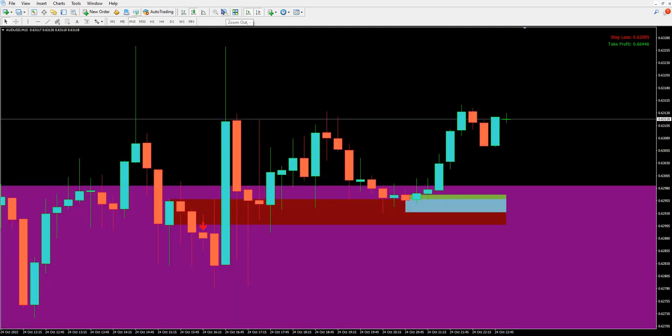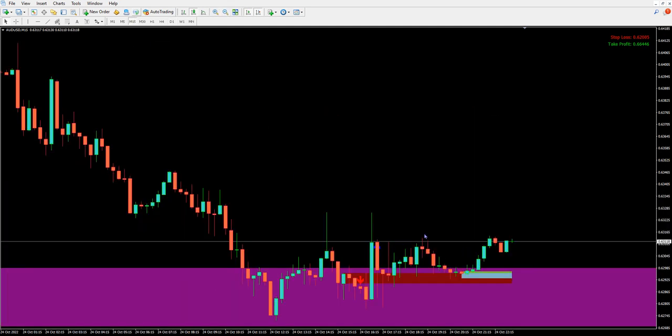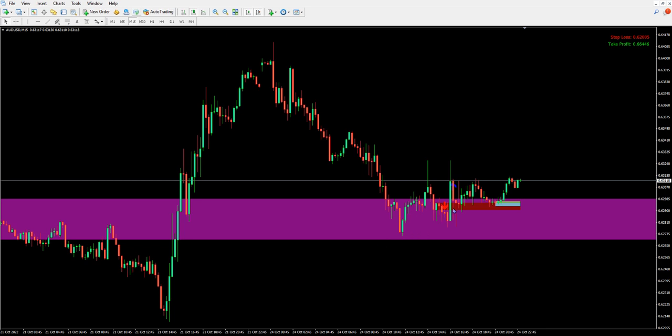And if you remember, we're now playing off of a 15-minute bullish zone as well. So this all represents the daily candle. Remember, it's a down day. It's coming to the daily bullish zone here.